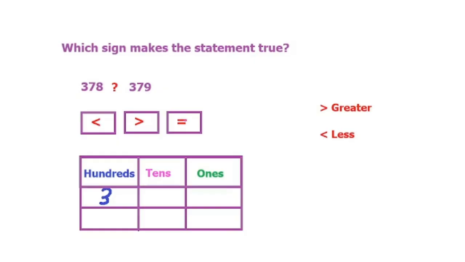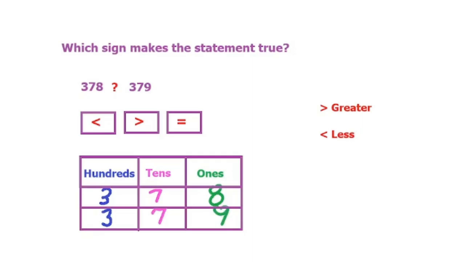So the 7 would go here. And the 8 would go here. And then the other one, 3, 7, and then 9. So this would make it easy for us to compare all the numbers.